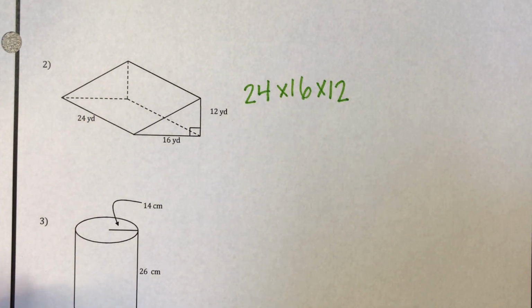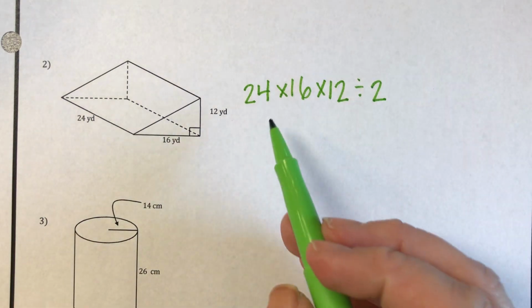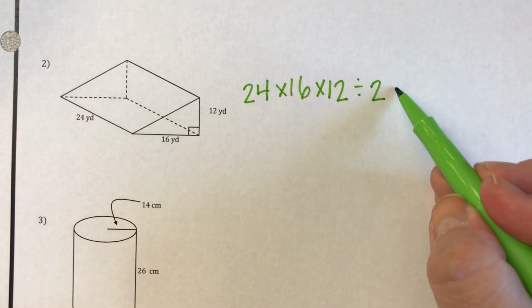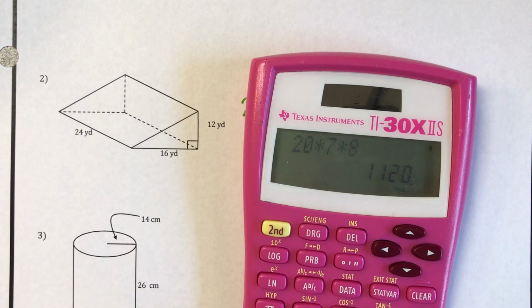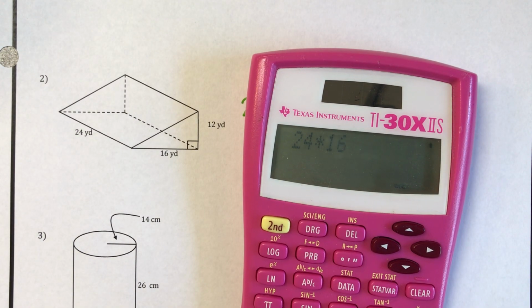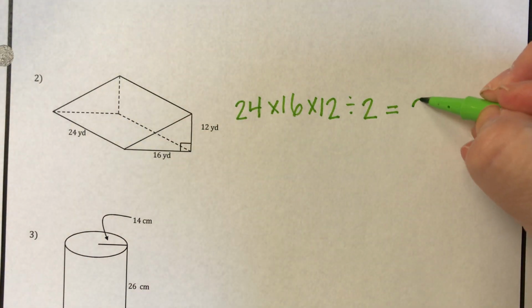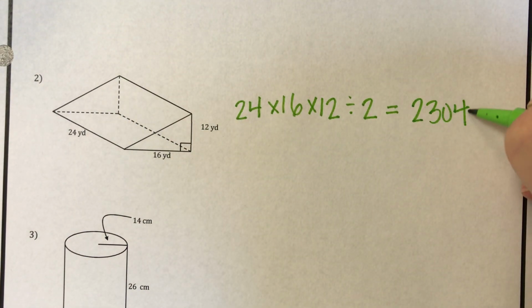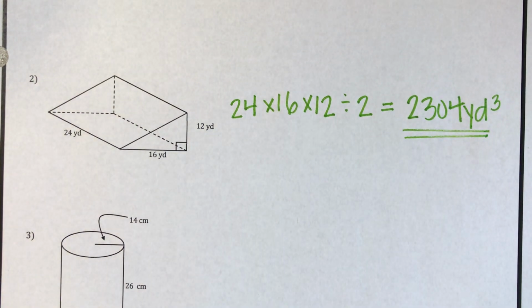But it's a triangle, not a rectangle, so it's divided by 2. So length times width times height divided by 2. 24 times 16 times 12 divided by 2 is 2,304 yards cubed.